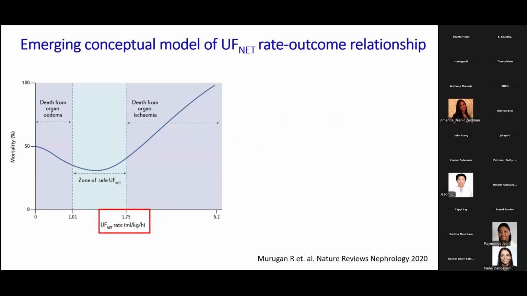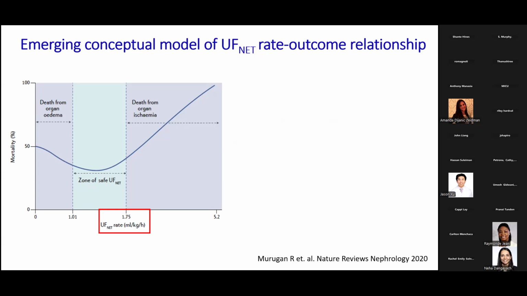So with this data, I think the prudent comment or summary to the scientific community is to recognize that when we have on the x-axis fluid removal, net ultrafiltration rates, there is now observational evidence that there may be a U-shaped relationship with mortality, meaning that patients that really need fluid removal, if we don't do it effectively, may have higher risk of mortality.